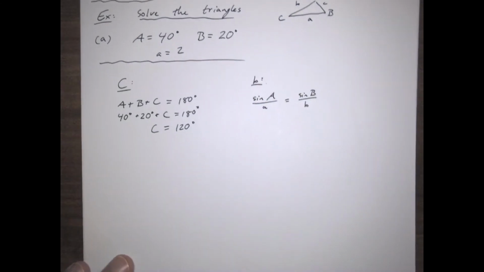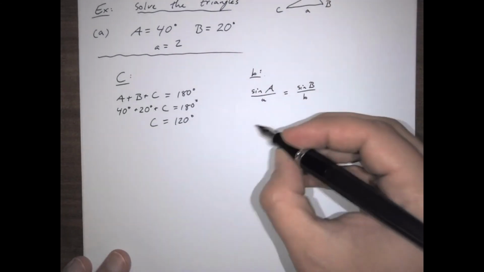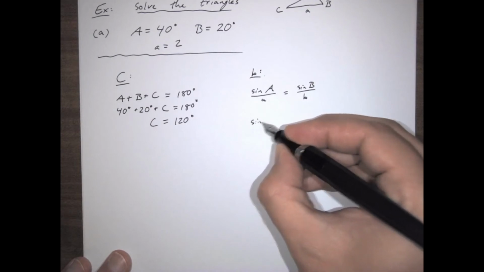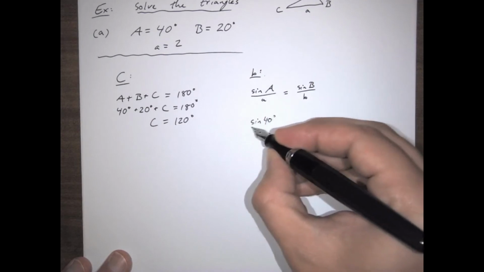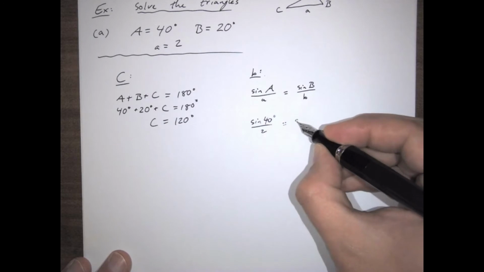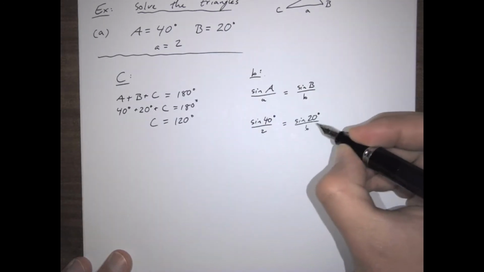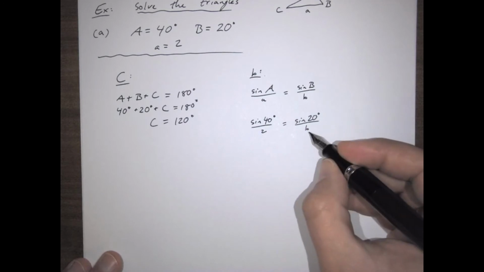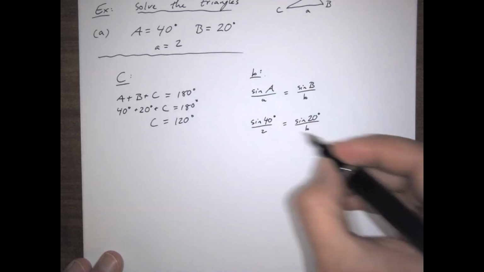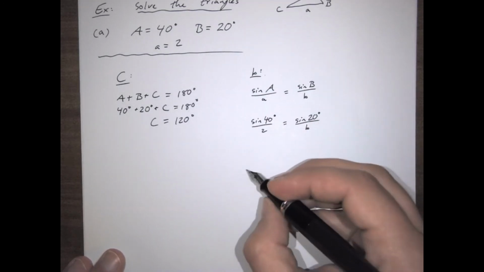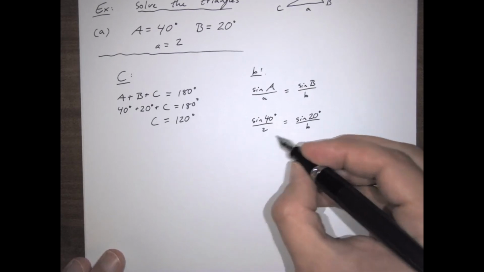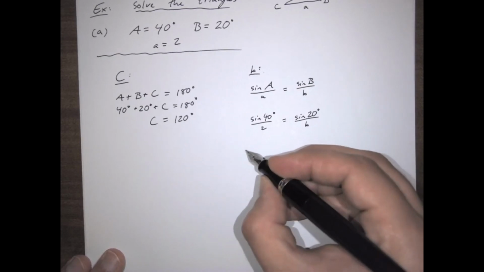So sine of 40 degrees divided by 2 is equal to the sine of 20 degrees divided by b. And to solve this, the easiest thing would be to cross multiply and then divide. So multiply both sides by 2 and by b.